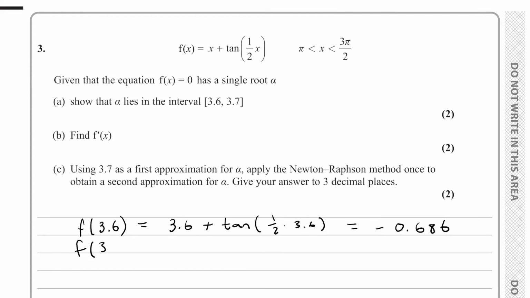And f of 3.7 is going to be 3.7 plus tan of half of 3.7.